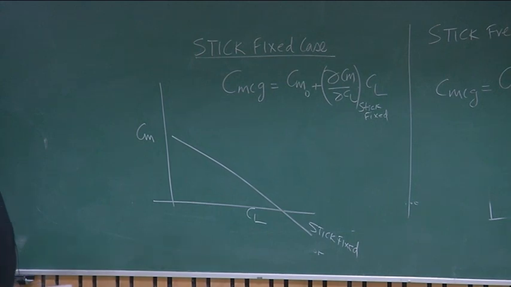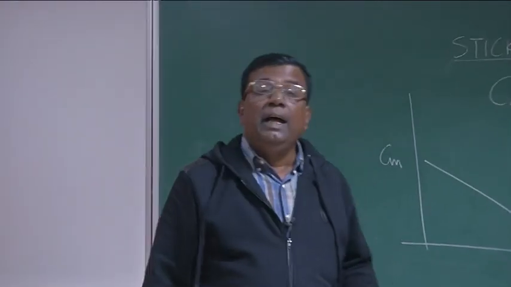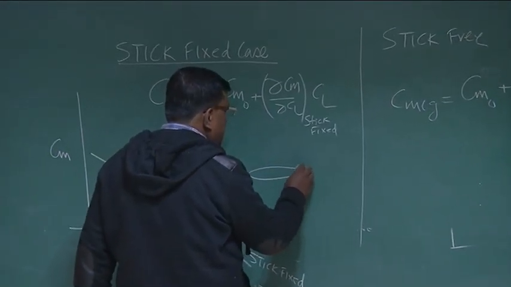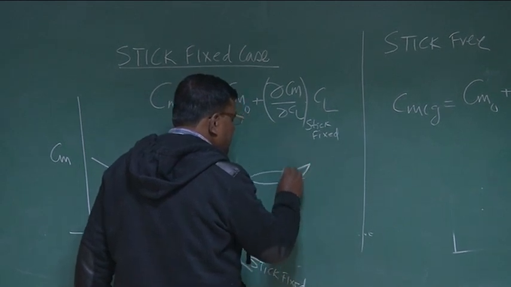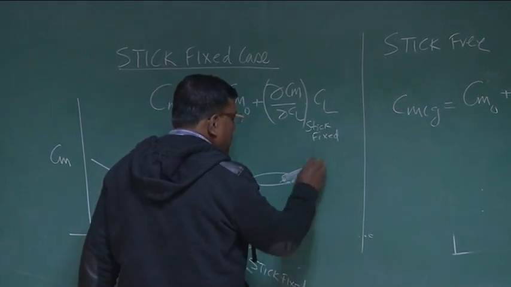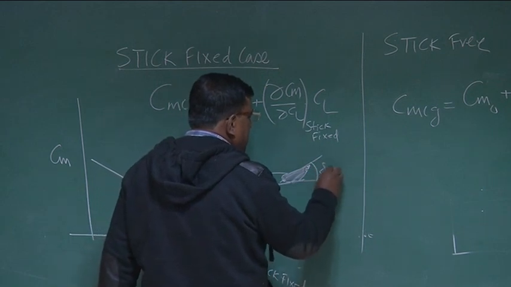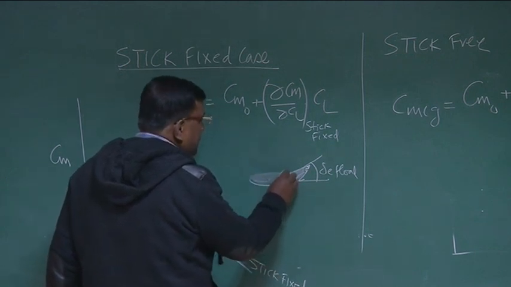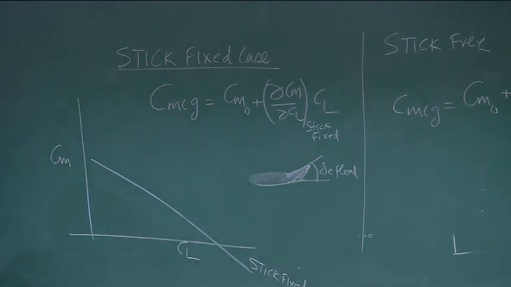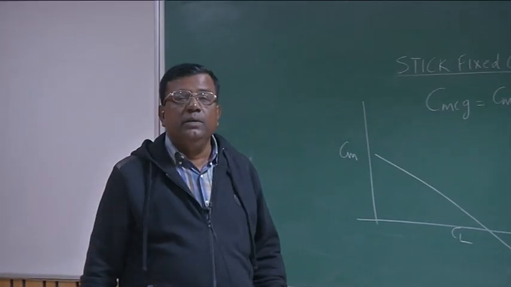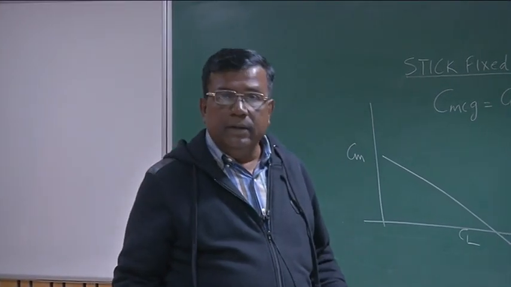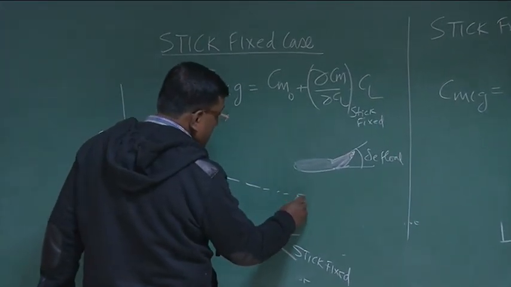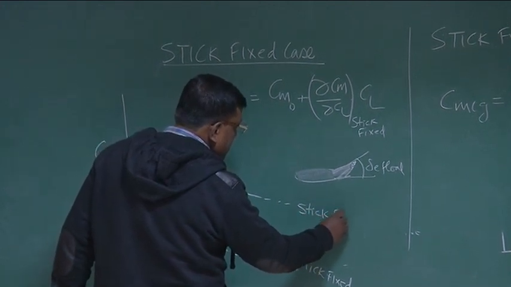For stick free, the CL alpha tail has reduced, right? Now the elevator has moved up like this in equilibrium. It has floated at a given alpha t, delta E float. So its configuration is like this. So this will reduce CL alpha t, and as CL alpha t reduces, the static margin also will reduce, right?